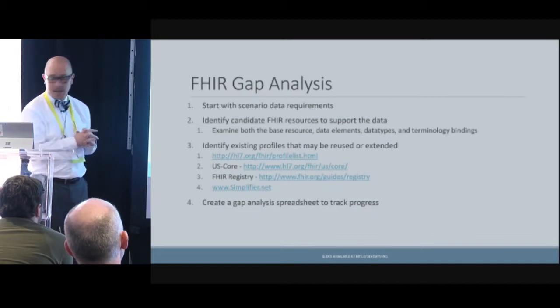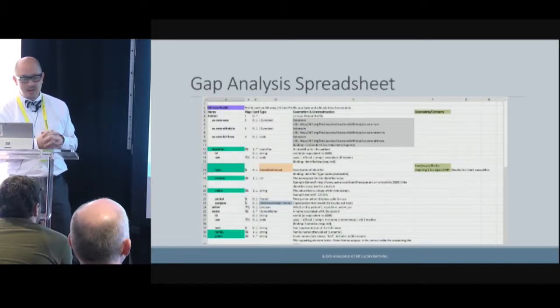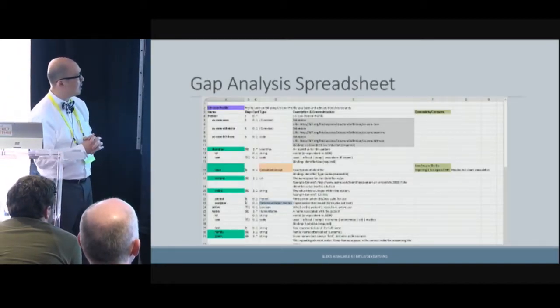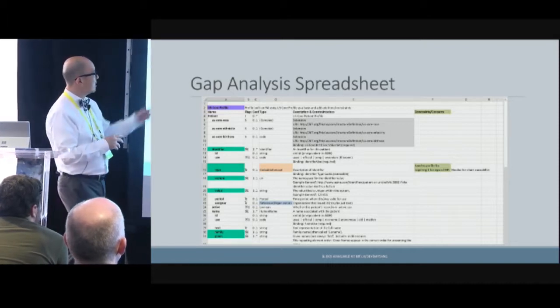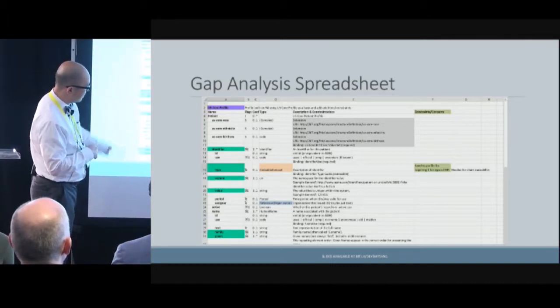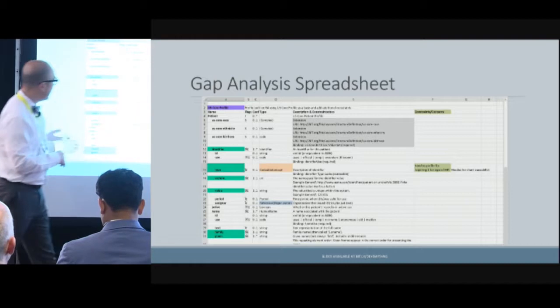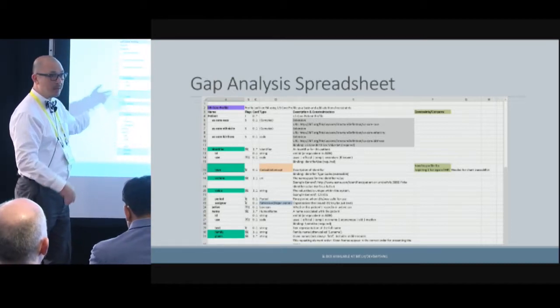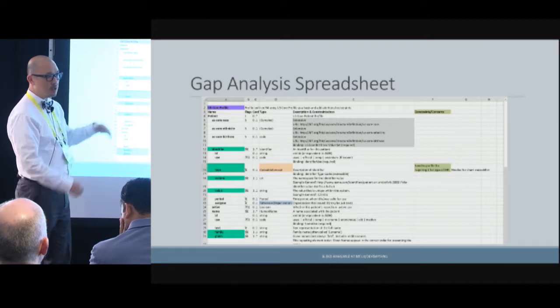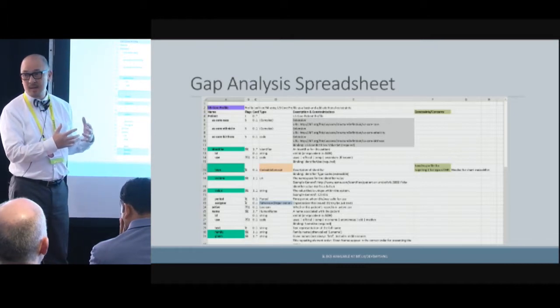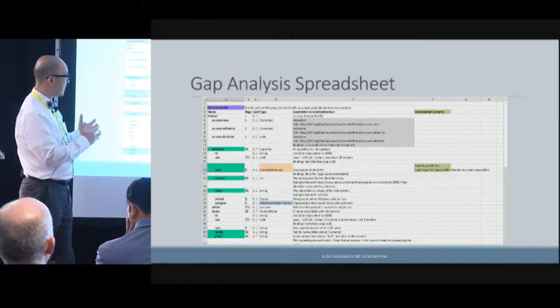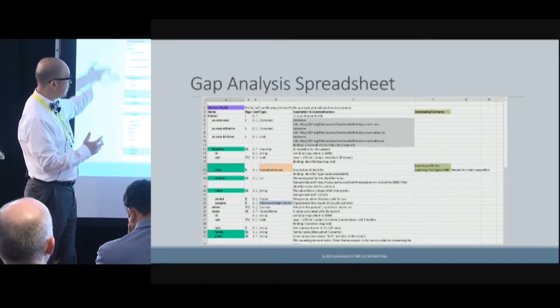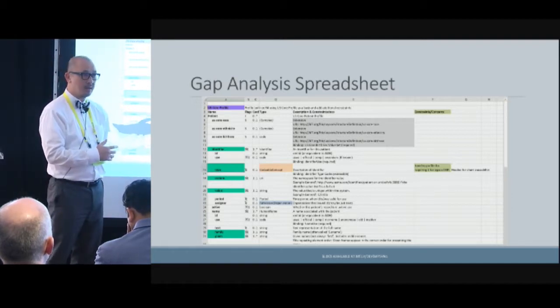And then you do a gap analysis kind of spreadsheet. And this is an example of one we use for Da Vinci. We have a bunch of tabs at the bottom. We looked at patient, and we looked at all the elements in patient and their cardinality. And from here, we say, based on our generic need for this data, or the data requirement, does the base profile support everything we need?